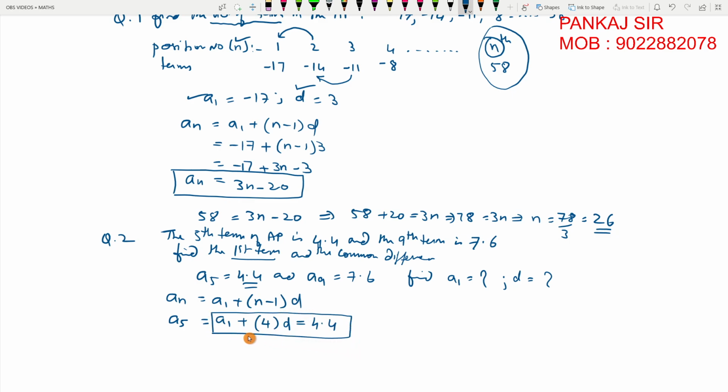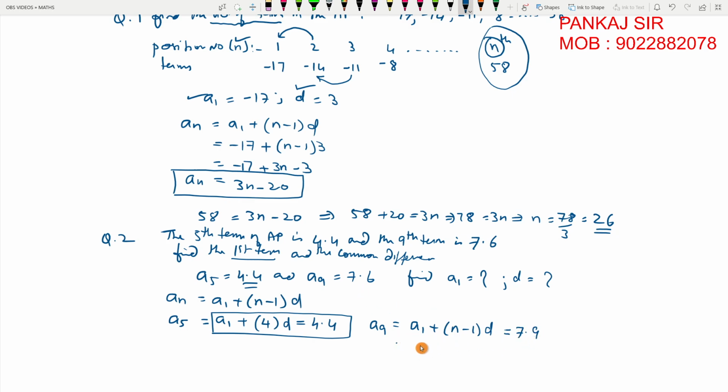Same way, making use of this a9, the ninth term will be equal to a1 plus (n minus 1) times d. Now you don't know what a1 is, you don't know what d is, but you know what a9 is. The ninth term is 7.6.